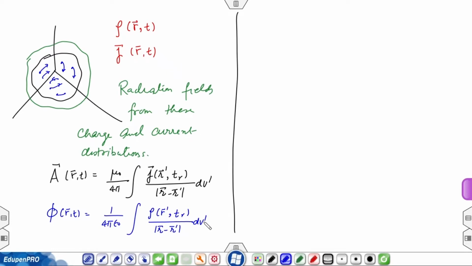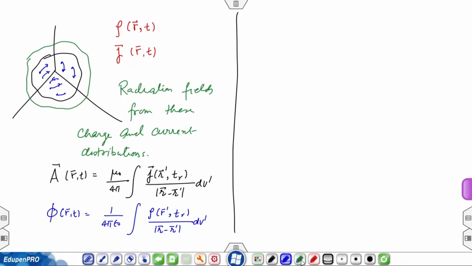I am going to focus on the calculation of vector potential. This is a little more difficult, and I will leave the calculation of scalar potential for you to do, because the expansions of retarded time in terms of r prime and r are pretty much the same. So, once I do vector potential, you can do the scalar potential very easily.